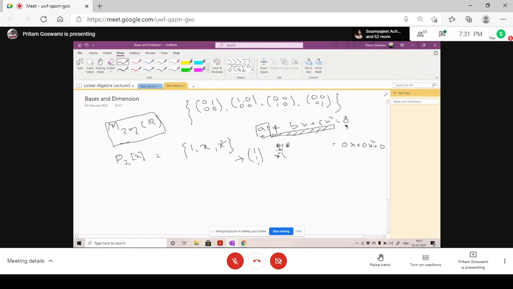For the constant term it is 1, and into a this will be a, this will be 0 and this will be 0. So this vector can be written as a into the 1 vector. Similarly, this can be written as b into 0 1 0.